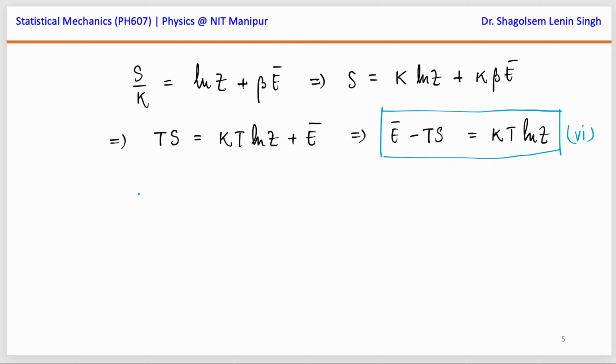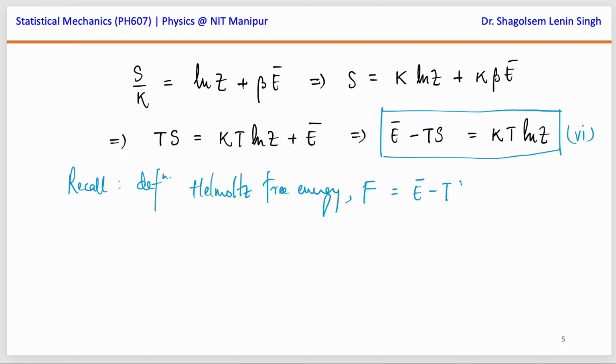Again we have to recollect the definition of Helmholtz free energy. What is the expression? The Helmholtz free energy F is E minus TS.